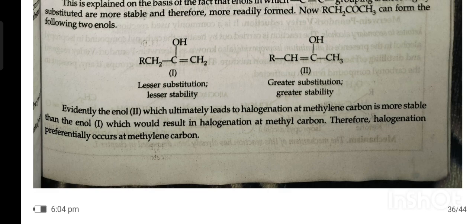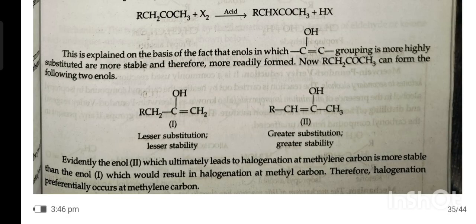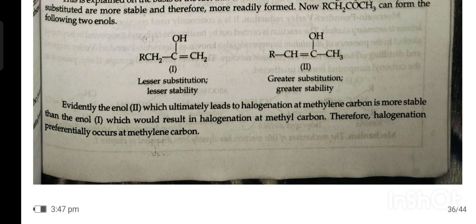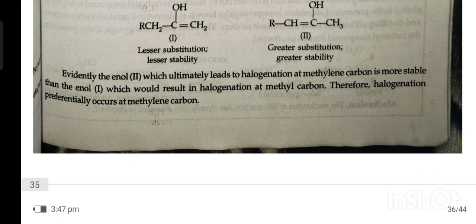First, lesser substituted, less stable. Second, greater substituted, greater stability. Evidently, the enol which ultimately leads to halogenation at the methylene carbon is more stable than enol first, which would result in halogenation at the methyl carbon. Therefore, halogenation preferentially occurs at the methylene carbon.